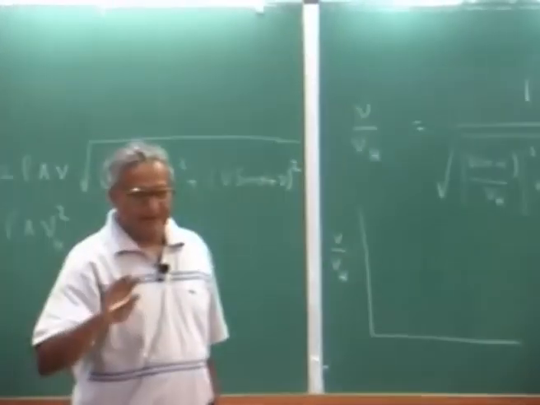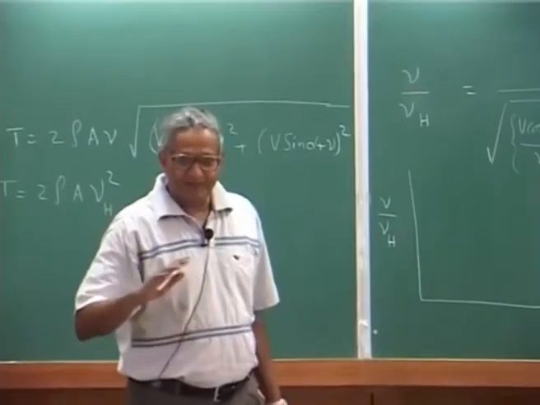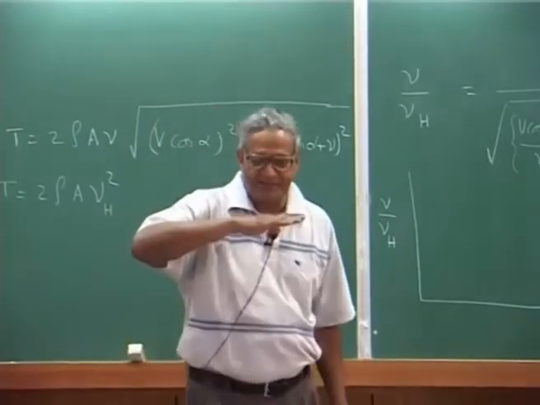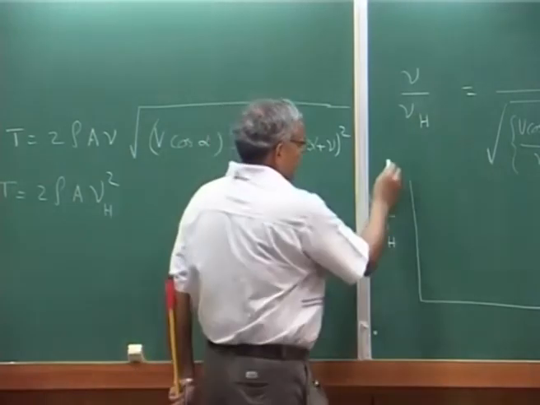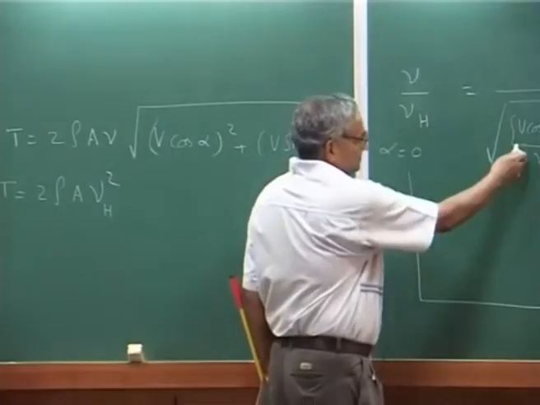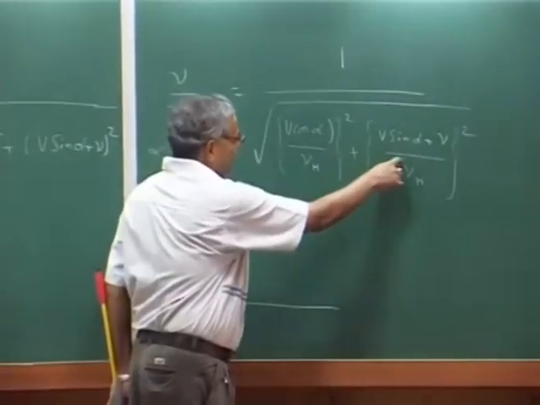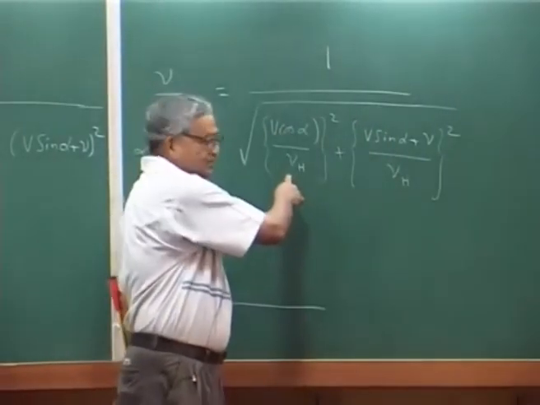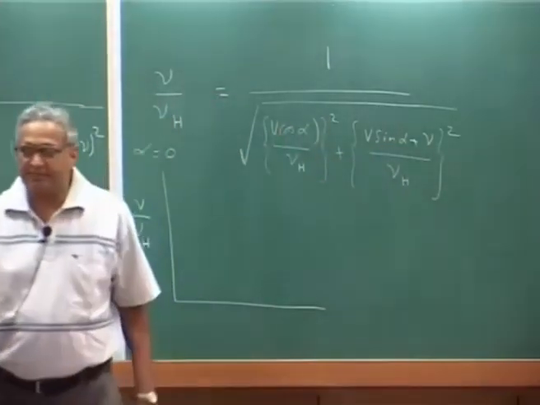Suppose let us take alpha is 0, that is easy. If we take alpha 0, that means the disk is flying forward straight. Now you can set alpha 0, then this term will go off, v over nu h square plus nu over nu h whole square.